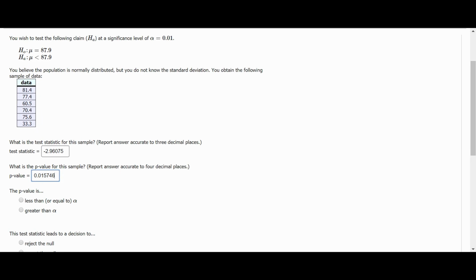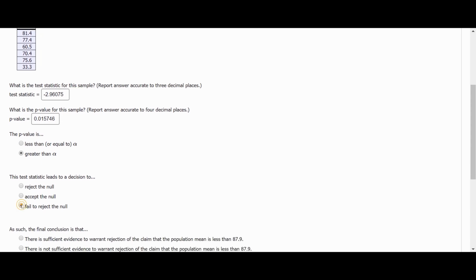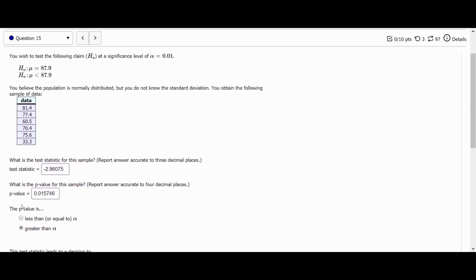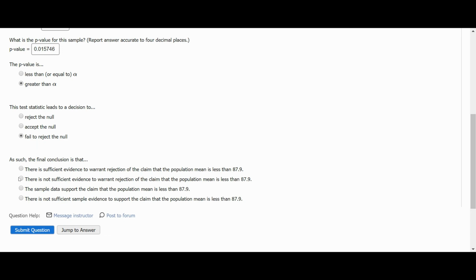So notice my p-value is greater than my significance level alpha, which means I fail to reject the null hypothesis. And the null hypothesis was that the mean value of the population, or the population mean, was 87.9. So we've got a couple of choices here.